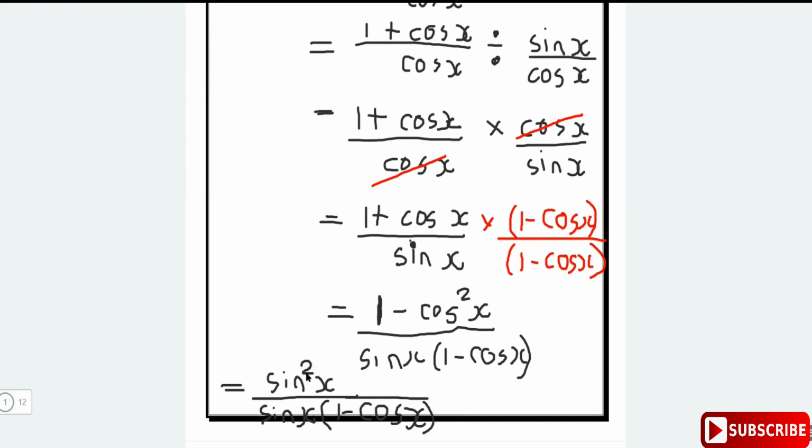A sin squared can be broken up as sin x times sin x, so a sine will cancel out a sine from the denominator. And so what we're left with is sin x over 1 minus cos x, which is your right hand side.